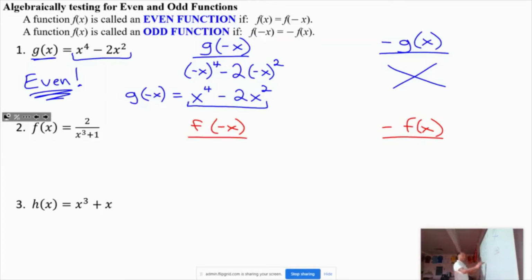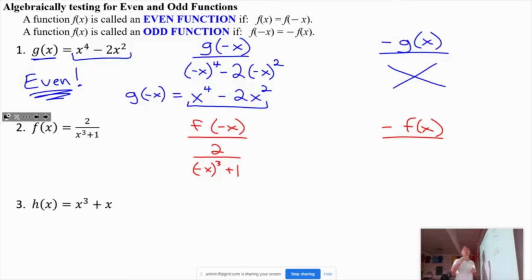All right. So f of negative x, let's do the exact same thing again. I have, this is going to be tight, 2 over negative x to the third plus 1. That's step 1. Plug in the negative x. Step 2 is simplify. So the 2 on top, there's nothing to be simplified.